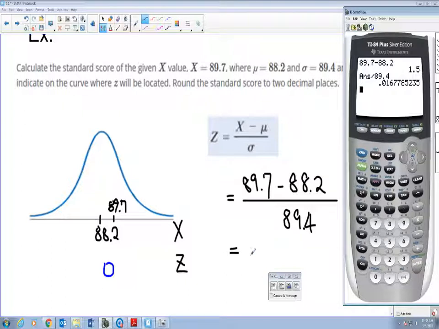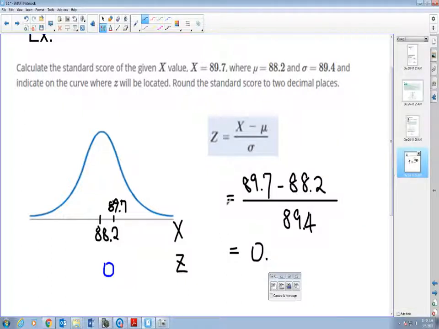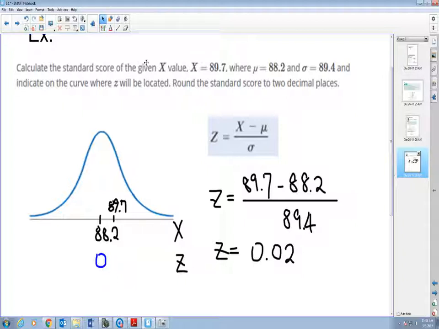Okay, so for the z-score, we always round to 2 decimal places. Okay, so this same 89.7, 1.5 places to the right of the 88, in terms of a standard deviation, is only going to be 0.02 place to the right of the mean.